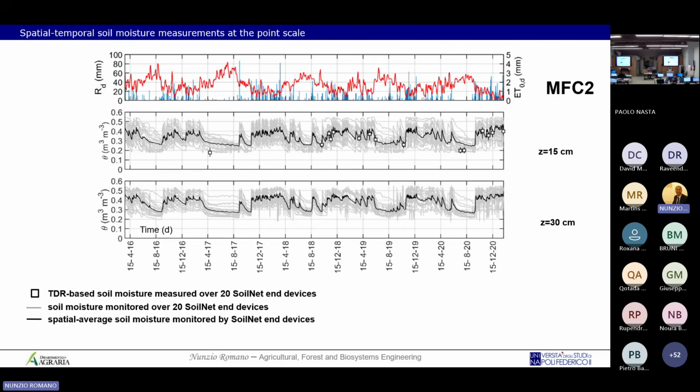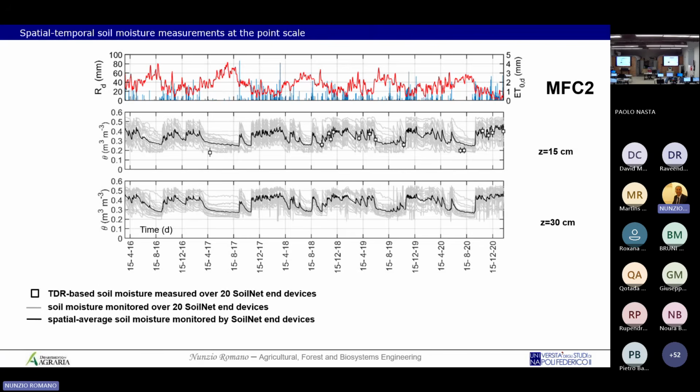Then you are wondering what the black squares are. The black squares are the TDR measurements that we use as a sort of control that everything is working well, just to see what's going on. And you see that there are some small lines close to each square that give us the information about the uncertainty, the confidence interval.